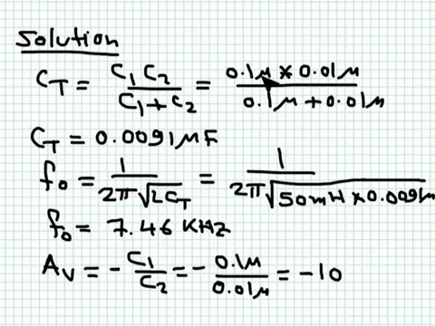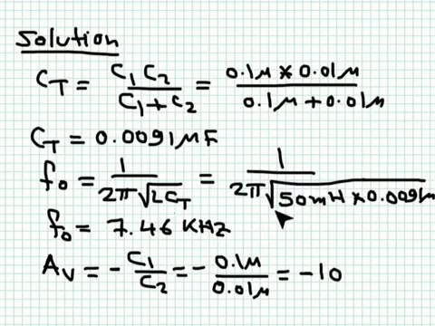It is simply 0.1 microfarad times 0.01 microfarad divided by 0.1 plus 0.01. And remember here, two capacitors connected in series have an expression similar to two resistors connected in parallel. Anyway, this will give you a total capacitance of 0.0091 microfarad. Now this tank circuit, which is composed of an inductor in series with two capacitors, has this resonance frequency: 1 over 2 pi square root L C total.